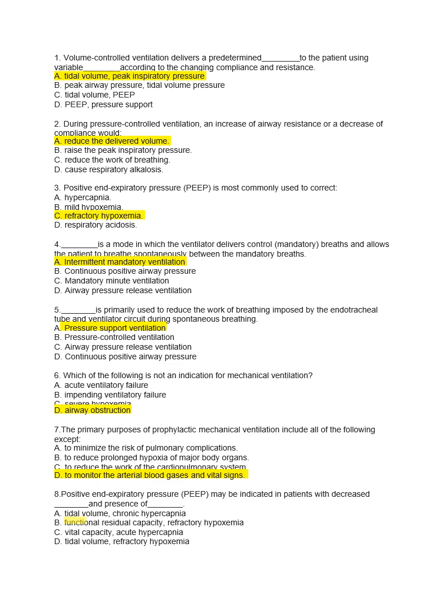The fourth question, dash is a mode in which the ventilator delivers controlled or mandatory breaths and allows the patient to breathe spontaneously between the mandatory breaths. So the options are intermittent mandatory ventilation, continuous positive airway pressure, mandatory minute ventilation, and airway pressure release ventilation. So the answer is intermittent mandatory ventilation.